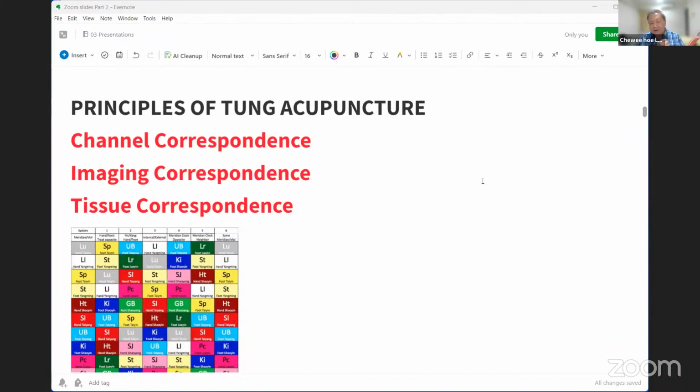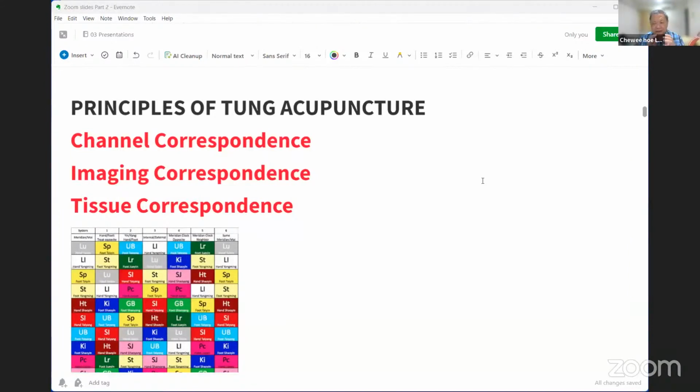This channel correspondence is a little bit like the 5-element diagram, whereby different channels will affect another channel through the mother and son relationship, the grandfather relationship. All right. So in order to understand channel correspondence, you have to know some level of TCM.